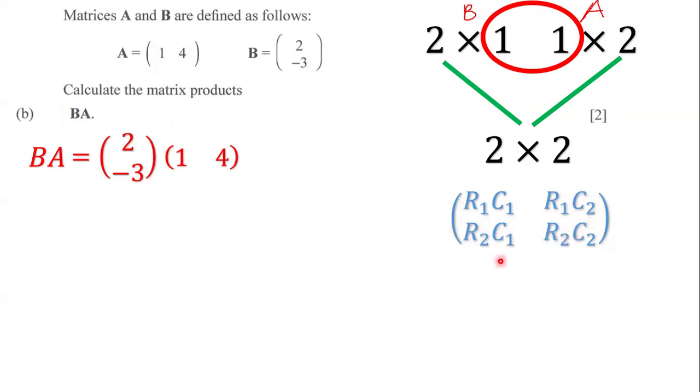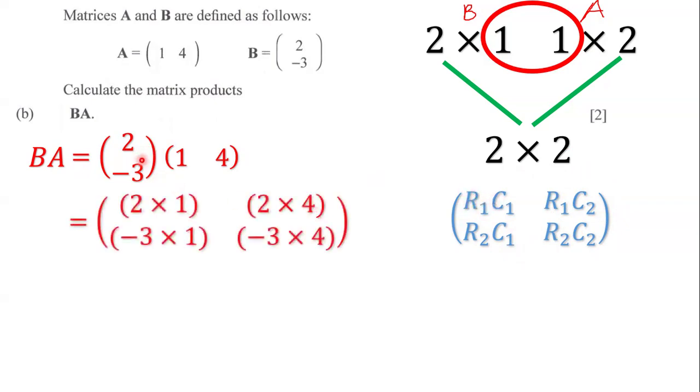And this is going to be the formula that helps us multiply B times A. So for row 1, column 1, row 1 is 2, so we have 2 times 1.